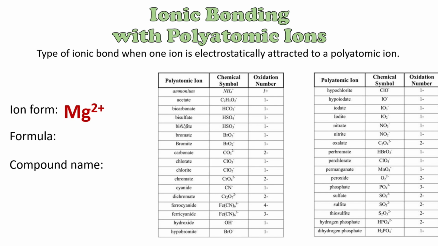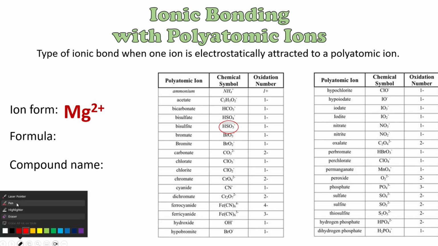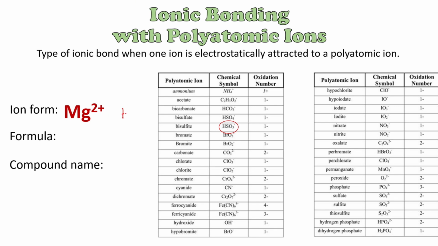Mg2 plus is our cation, and our anion is HSO3 and 1 negative. So 1 negative since it's just 1 negative. So I'm going to write it down. Our anion is HSO3, 1 negative.